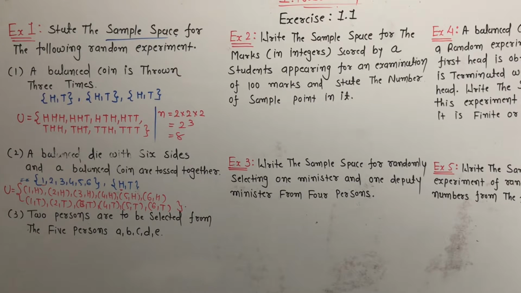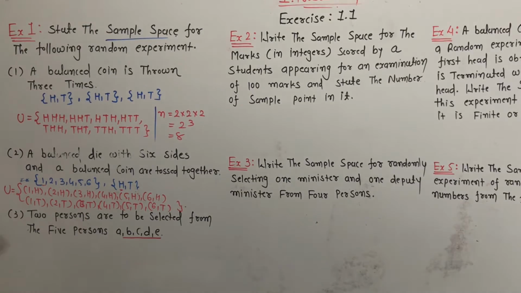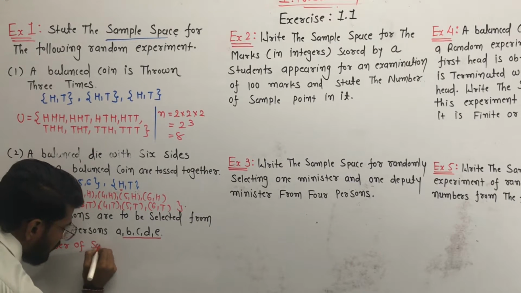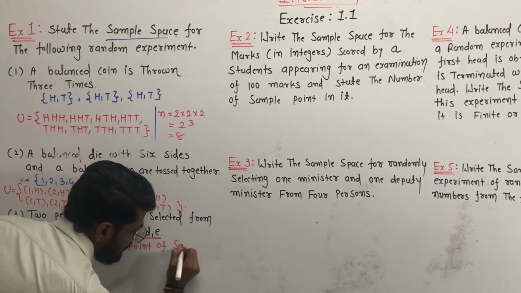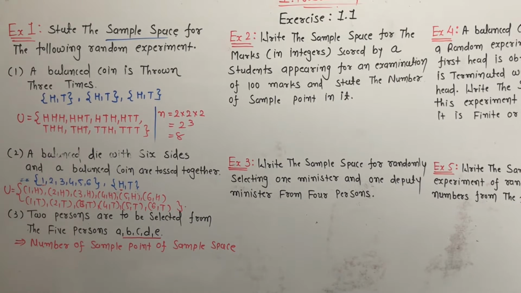Now event 3 is that two persons are to be selected from the first 5 persons A, B, C, D, E. We have to select only 2 persons out of the 5. How many possible outcomes are there? The number of sample points of the sample space is denoted by n.